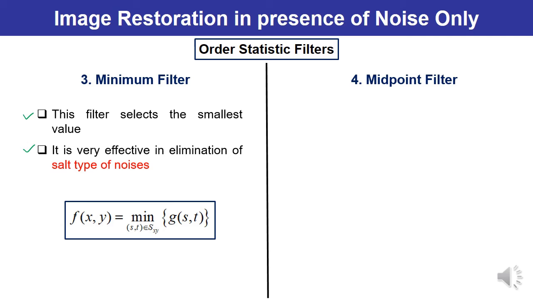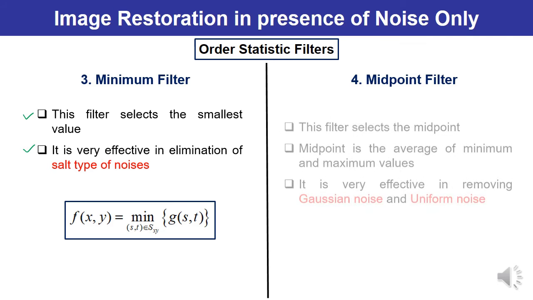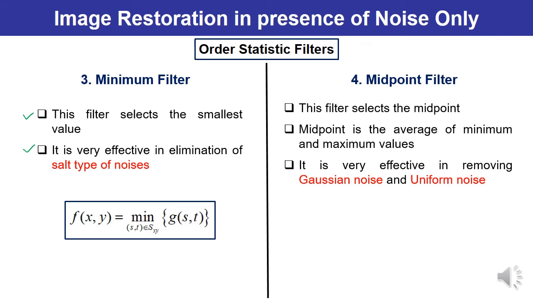The next type of filter is the midpoint filter. This filter selects the midpoint. Now what is the midpoint? The midpoint is the average of the minimum and maximum value.